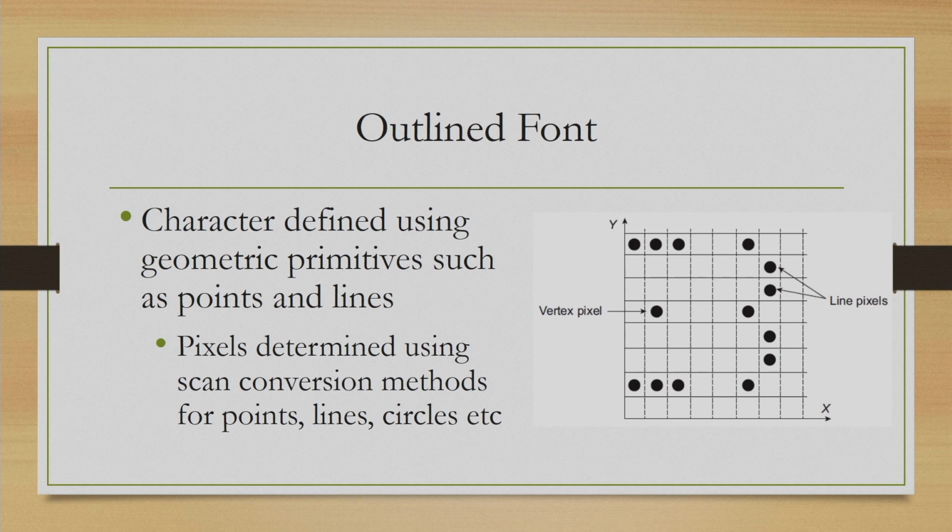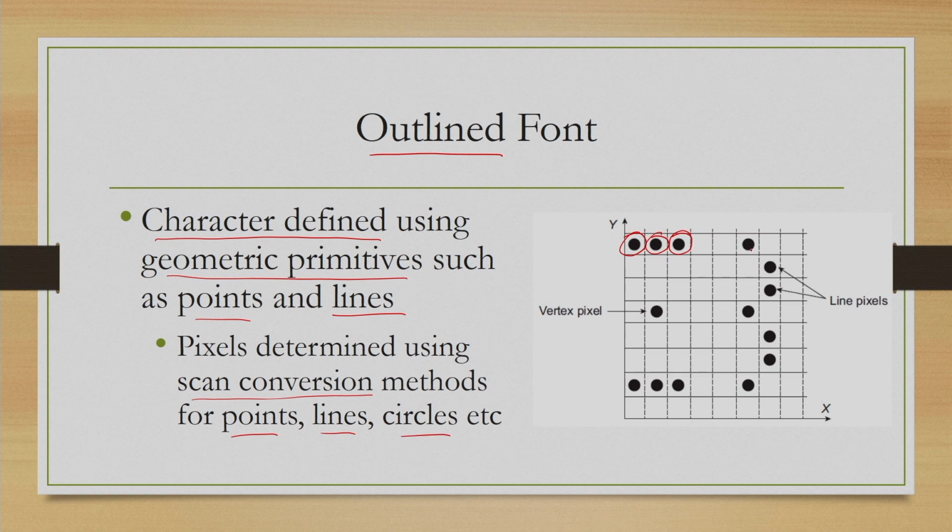In contrast, when we are dealing with outlined font, the approach is totally different. Here, characters are defined using geometric primitives such as points and lines. A few pixels may be provided, and then other pixels will be determined by using scan conversion techniques for points, lines and circles.